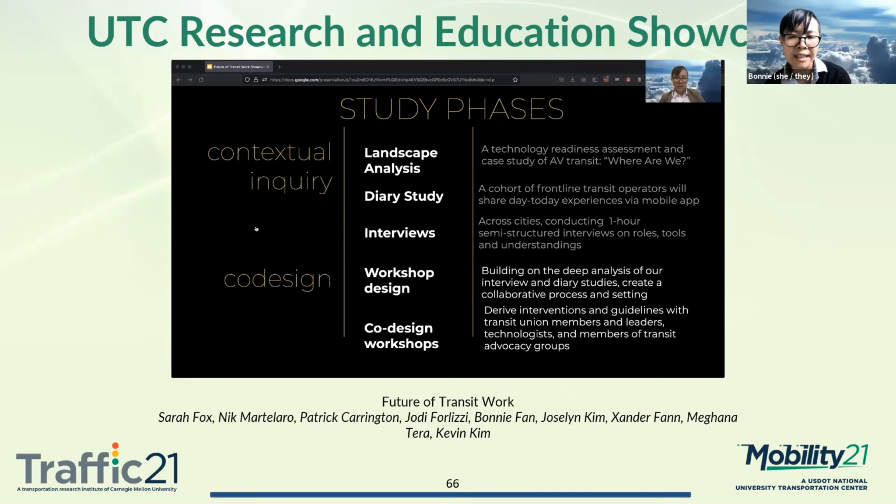How are we meeting the needs of operators? There's definitely within the landscape analysis a lot of movement already in automation in public transit, and it's really clear that things are moving very quickly in terms of seeing new developments even in the past month.